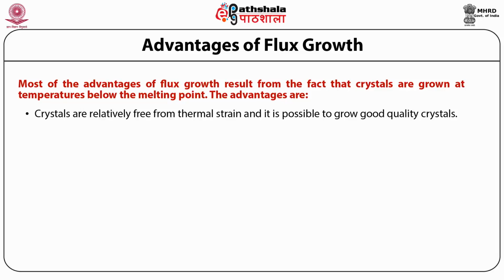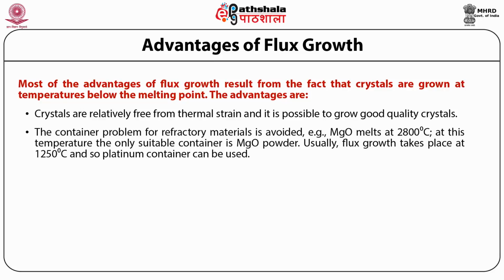Number two, the container problem for refractory materials is avoided, e.g., MgO melts at 2800 degrees centigrade. At this temperature, the only suitable container is MgO powder. Usually, flux growth takes place at 1250 degrees centigrade, and so a platinum container can be used.